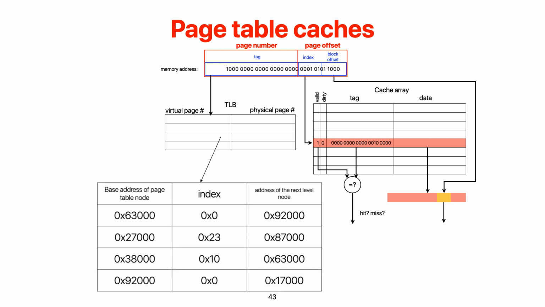So for example, if right now I have a memory address, and the CR3, or say the current label of the root node, is 38,000, and now I'm accessing an address which points to the 0x10th entry in the root node, then the page table cache contains such an entry.